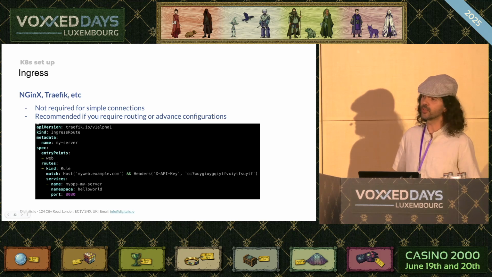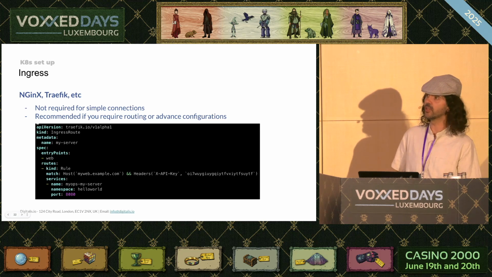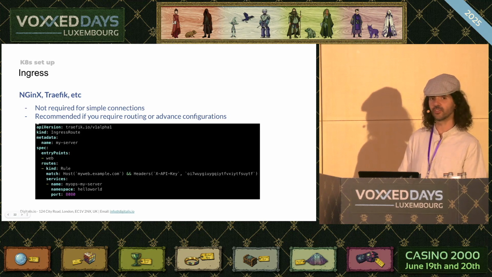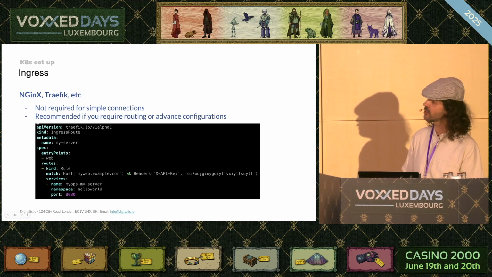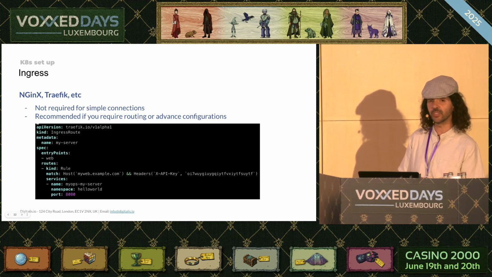You have two ways to deploy the Cloudflare tunnel. You can connect your applications directly from the tunnel to the services on Kubernetes. There's nothing else required. However, if you have specific needs for routing or filtering, in that case I would recommend using an ingress as well.